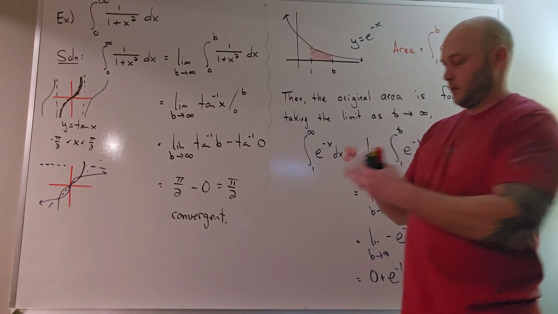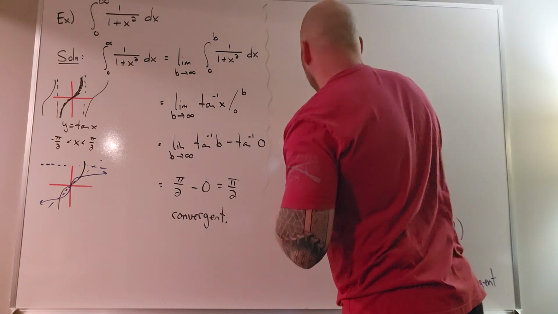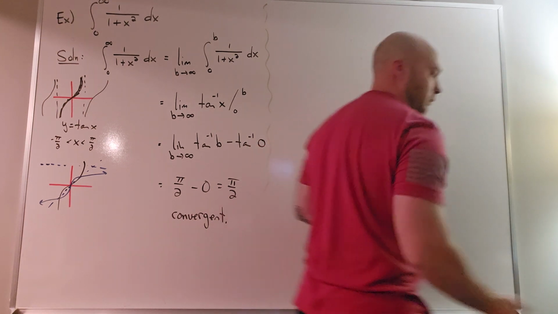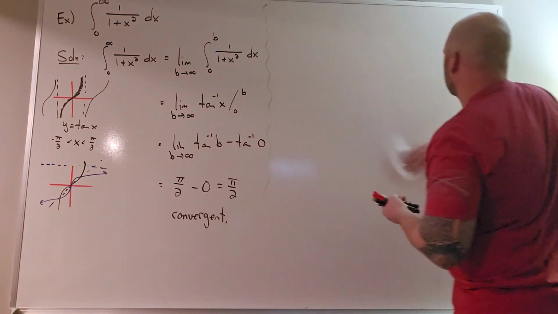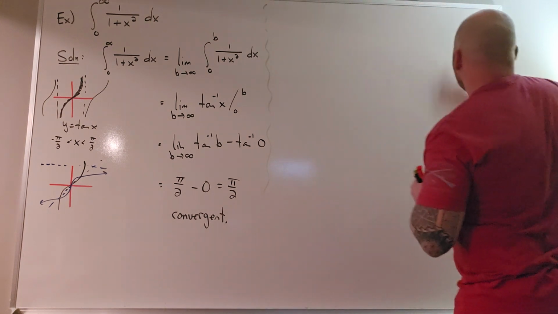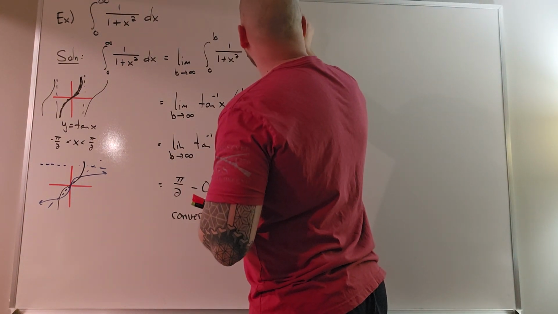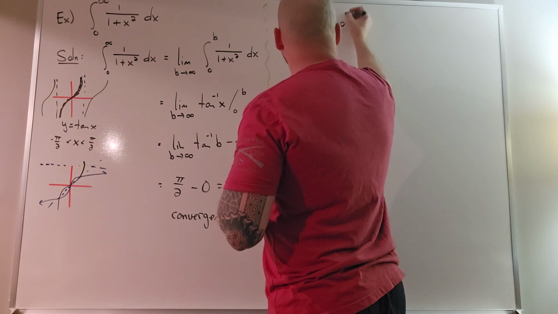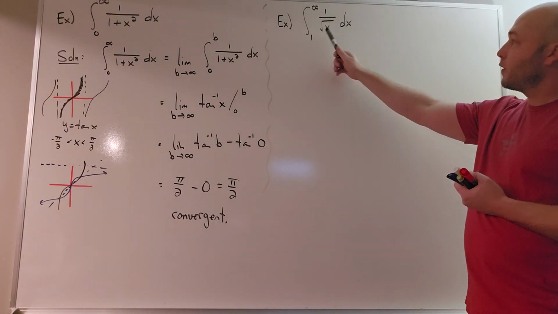Let's try another one. For this example, let's take a look at the improper integral of 1 over the square root of x from 1 to infinity.